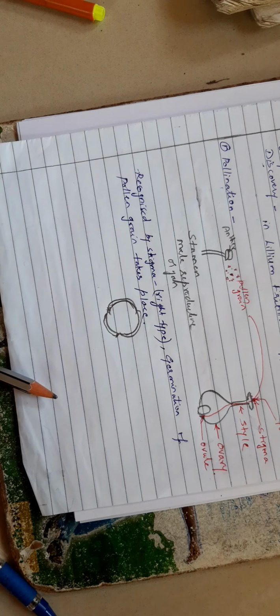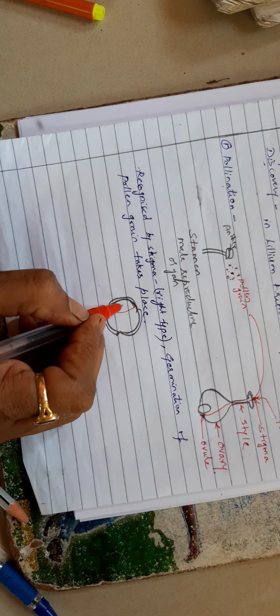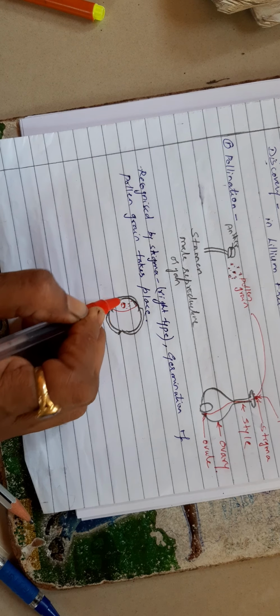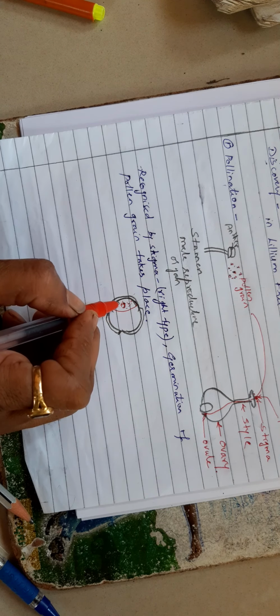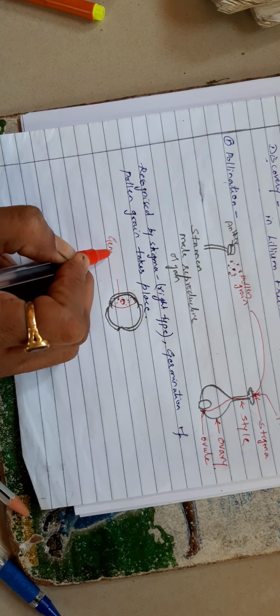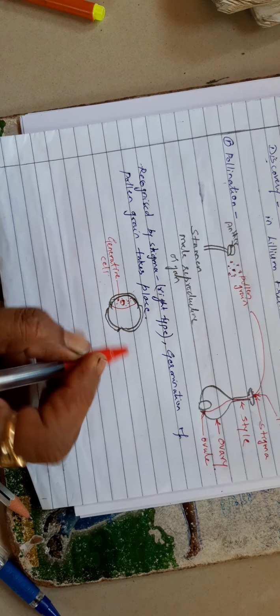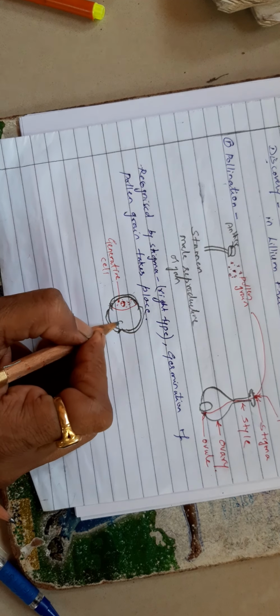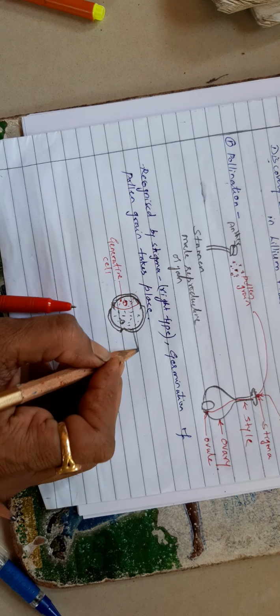So these two types of cells are, one is the generative cell, and the other is the vegetative cell, also called the tube cell.